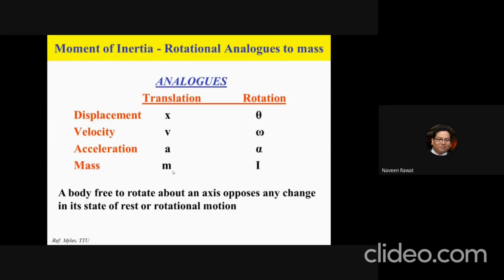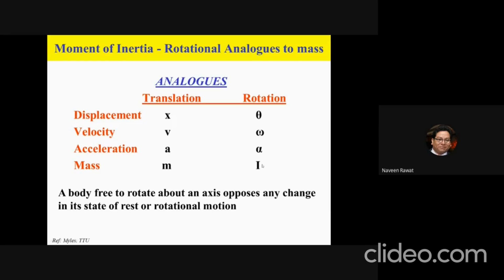Remember from a discussion earlier, inertial mass is the property of matter that resists motion. If a body has a large inertial mass, it will have more resistance to motion, and if a body has low inertial mass, it has less resistance to motion.